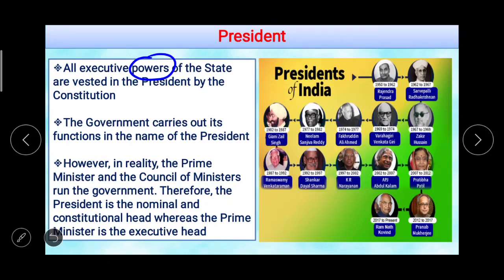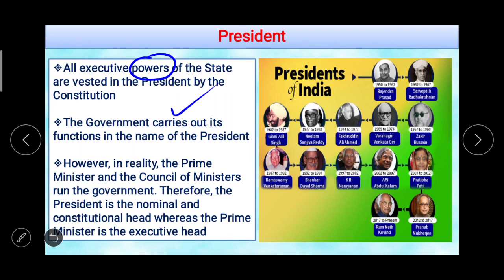The government carries out its functions in the name of the President. Government is there working for the people, different types of schemes, different types of plans, but all these things are going in the name of the President. मतलब जो सरकार चलती है वो President के नाम से चलती है.